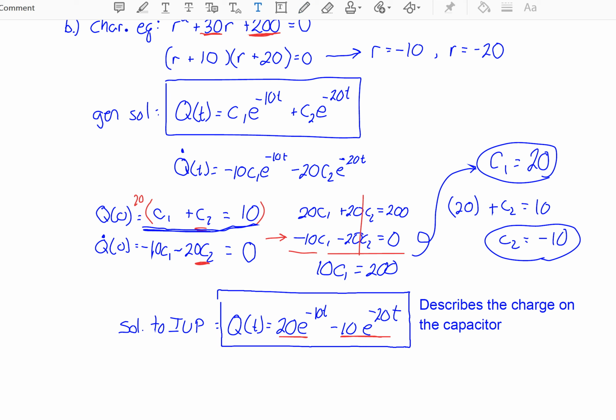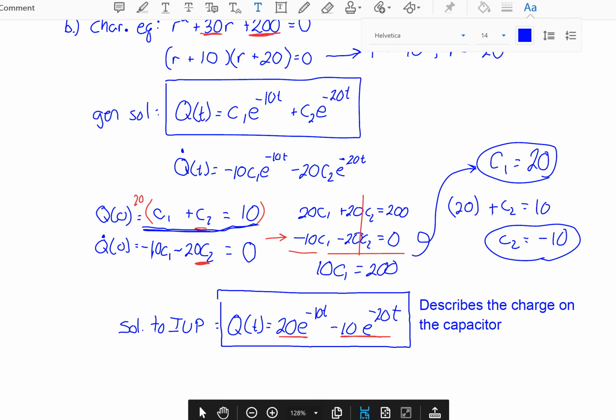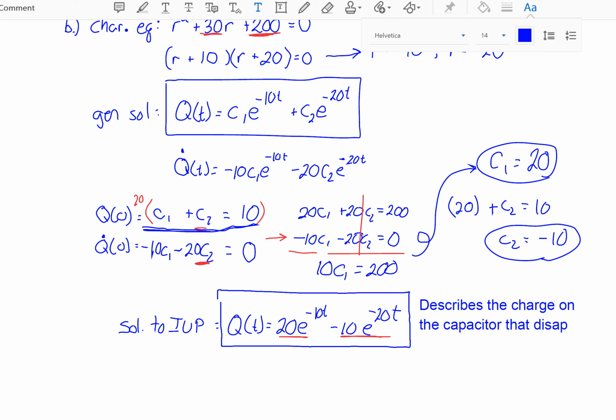Maybe I'll add that. This describes the charge on the capacitor that dissipates as time goes on. And that's because of those negative exponents.